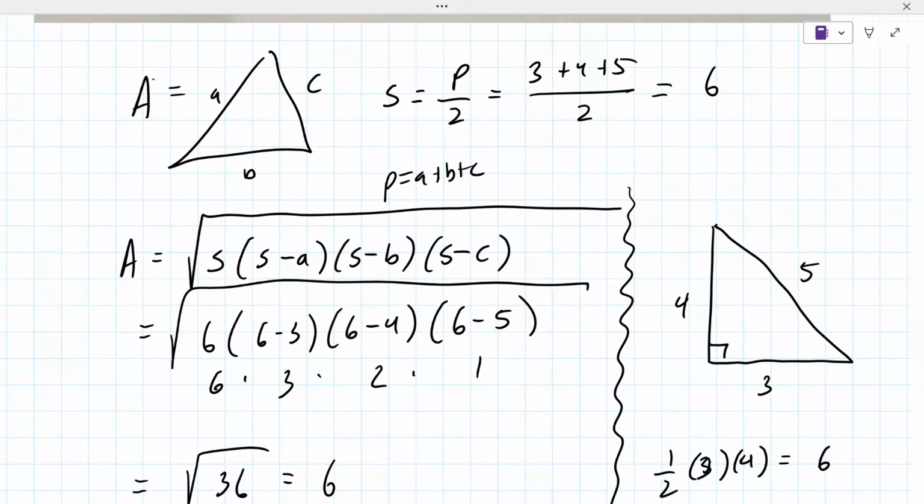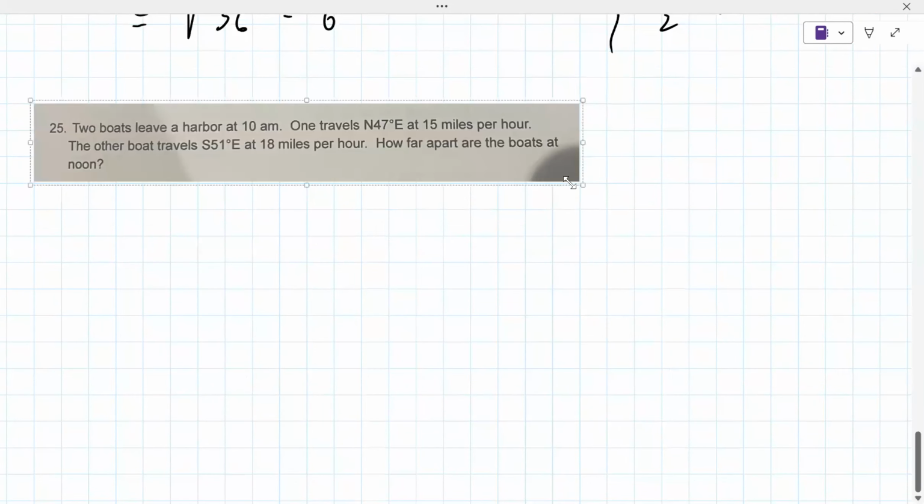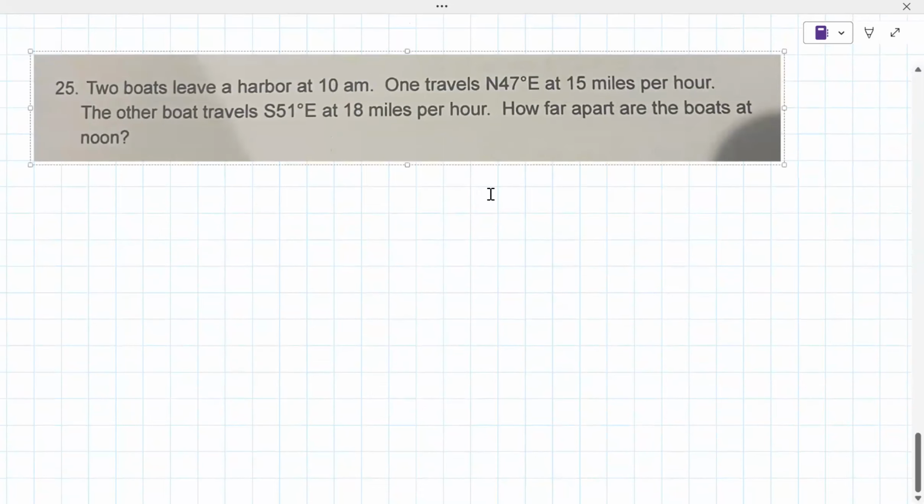so 25. Okay. So I always have to check what this north 47 east means. So I need to look that up because I have no idea.